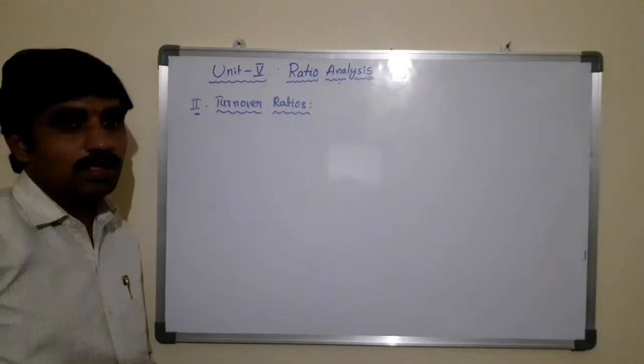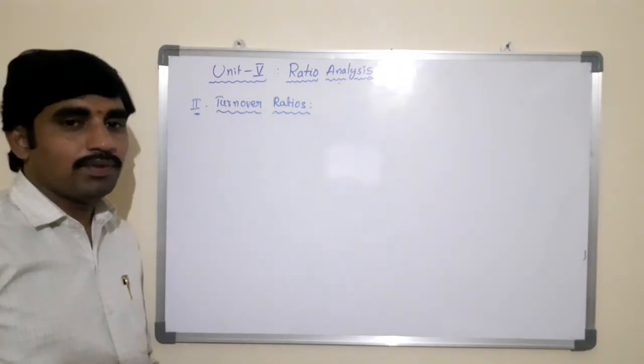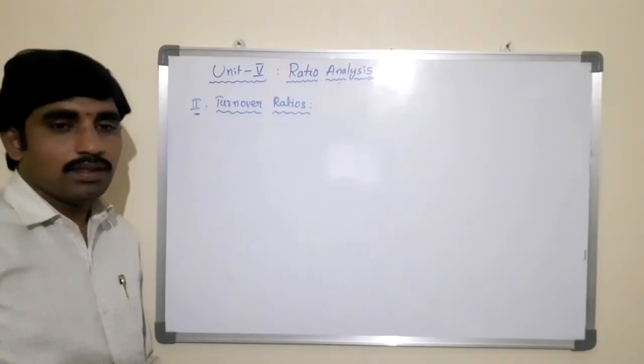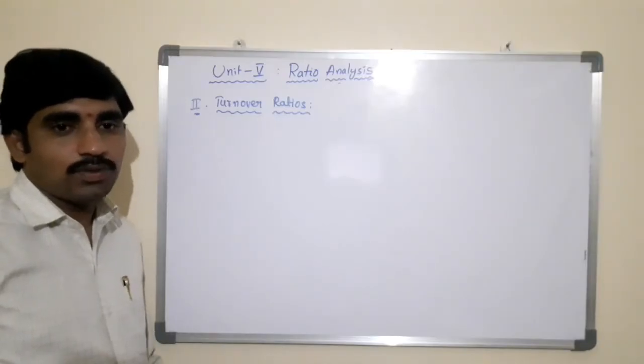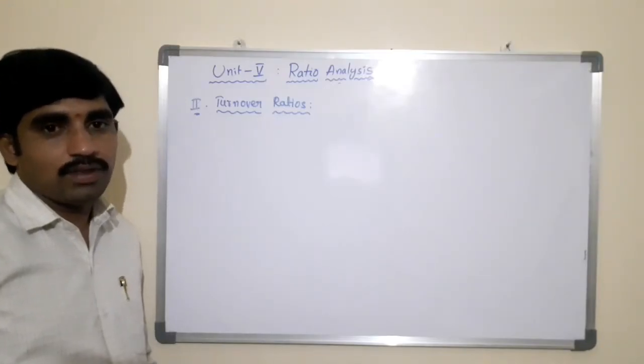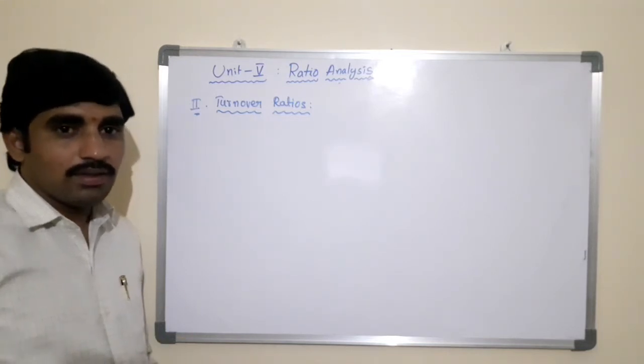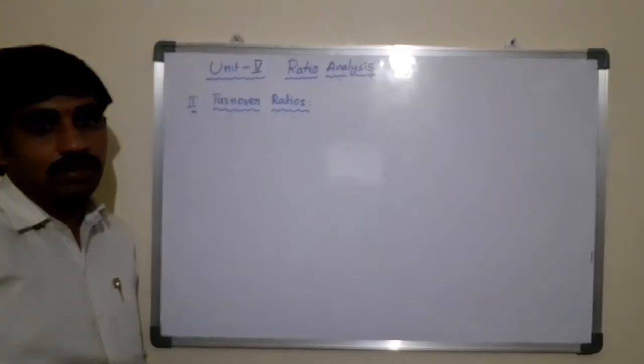It is an accepted fact that sales has a direct relationship with the performance of the business. If the sales of the company are increasing, the performance of the company will also increase. If the sales are decreasing, correspondingly the performance of the company will also decrease.